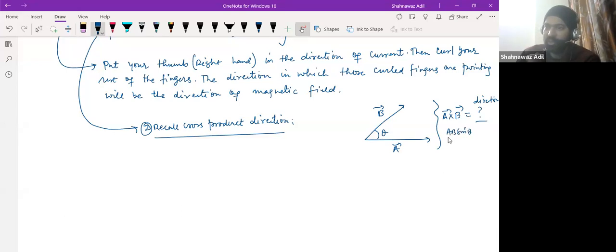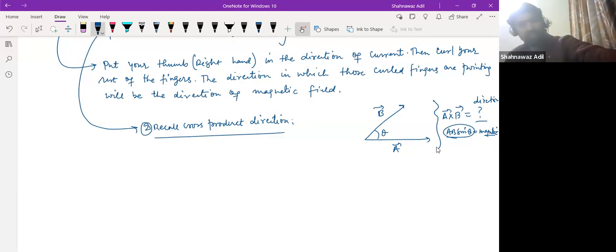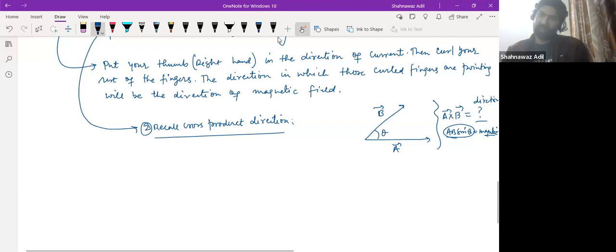But that is the magnitude of the cross product. What is the direction? Not completely sure, sir. Okay, I had talked about this so many times. Yes, sir, that I remember.